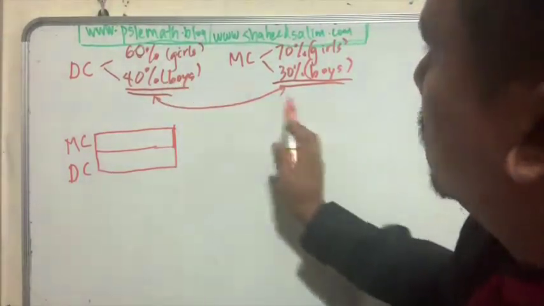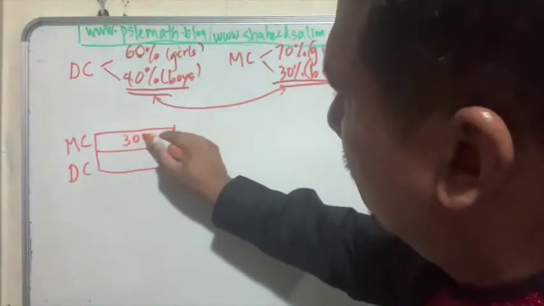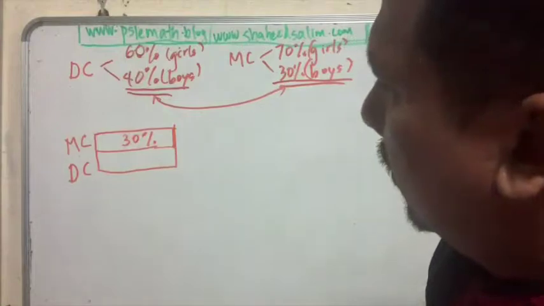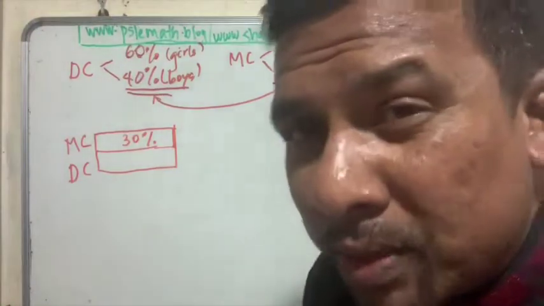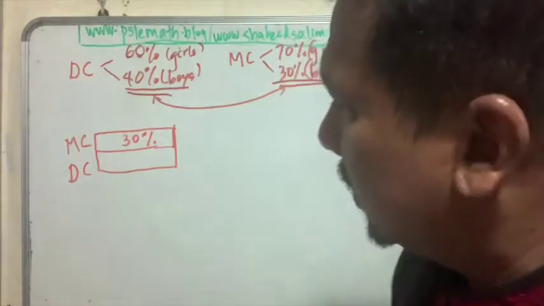So let us look. In the media club, this is 30%. What is 100%? Well, let's draw 100%.